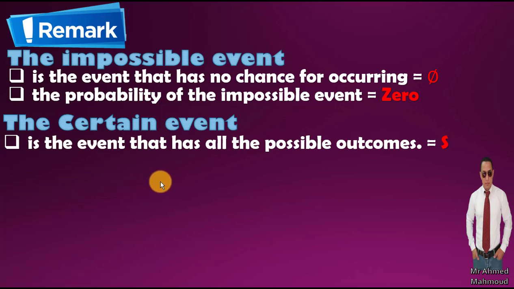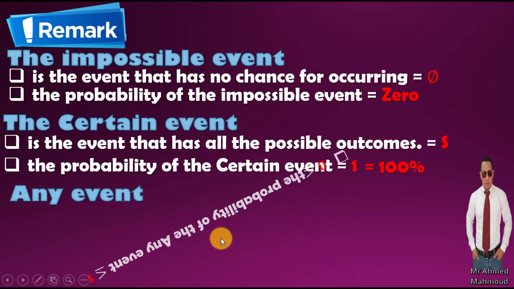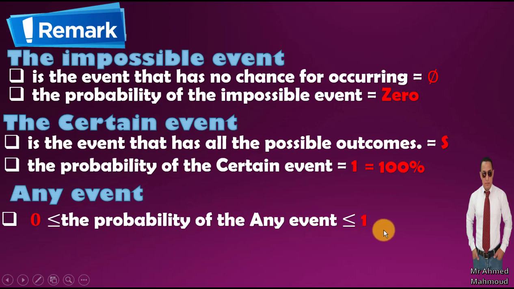Another example, rolling the dice and the appearance of a number from 1 to 6 is a sure event. The probability of the certain event equals 1, which equals 100%.